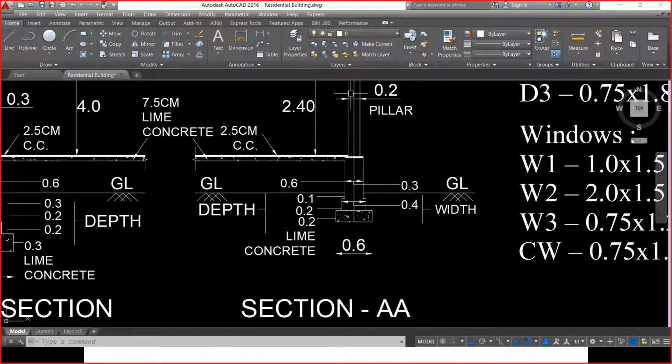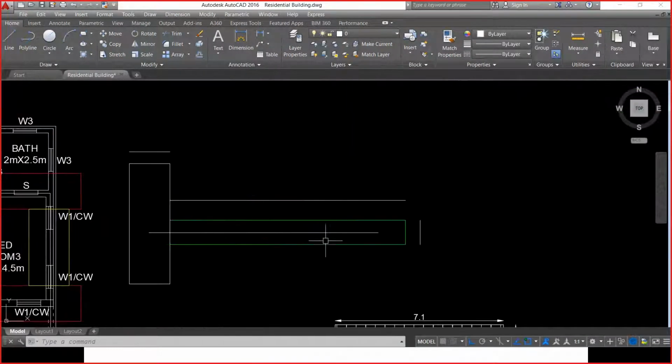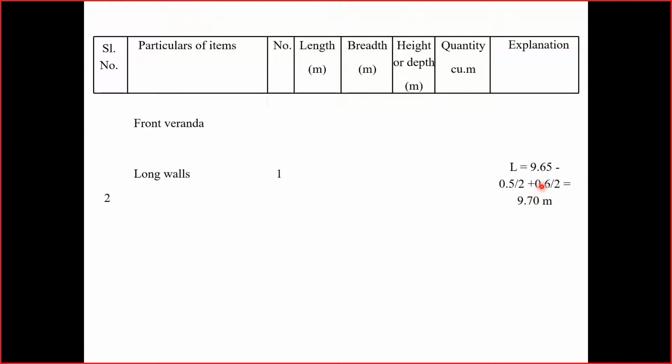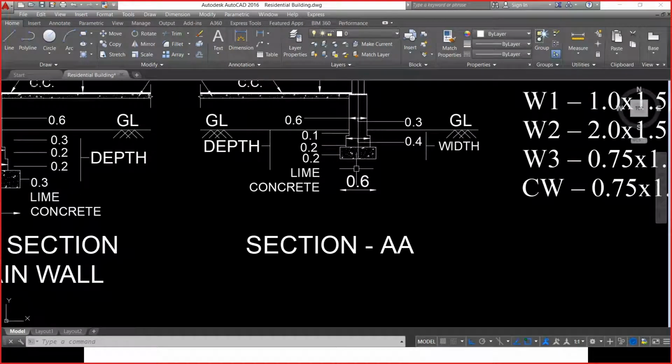Come back over here. If I drop a center line over here, I've reached till this point. The remaining portion is this width, 0.6 by 2. I'm going to add it here, which is missing. So the total length or the actual length will be 9.7 meters.